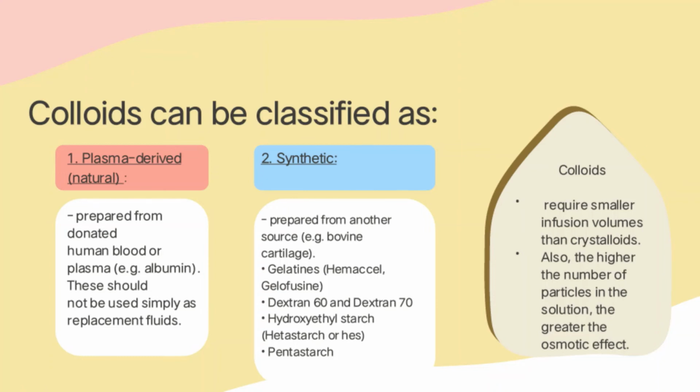Synthetic colloids are prepared from another source. Examples are bovine gelatins, dextran 60 and dextran 70, hydroxyethyl starch, and pentastarch. Colloids require a smaller infusion volume than crystalloids.